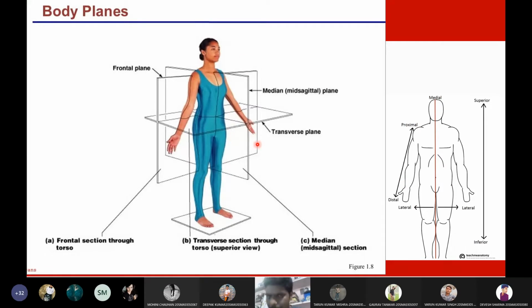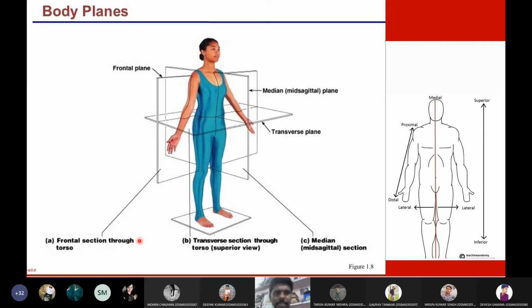One is the median plane, which is a vertical plane that will divide the body into two proper halves, whereas the horizontal plane is also called the transverse plane. Then other than these two planes, we have a third plane, which is called the frontal plane.